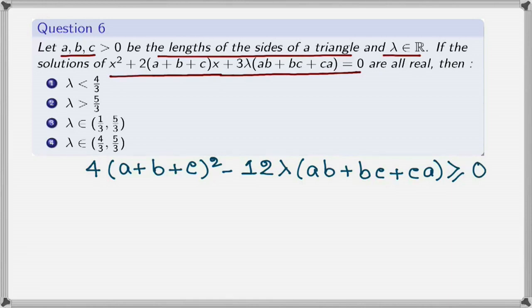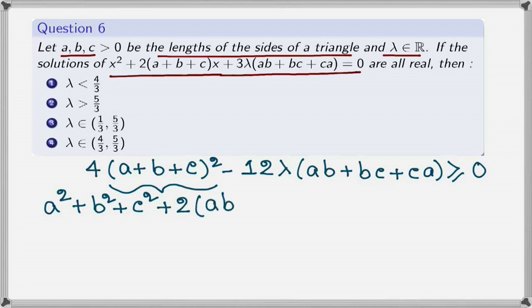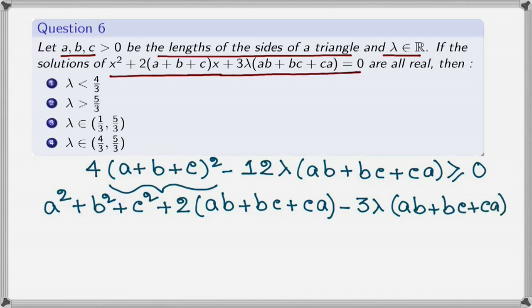Now if we cancel 4 from this inequality and split the term (a plus b plus c) whole square, we obtain a square plus b square plus c square plus 2 into (ab plus bc plus ca) minus 3 lambda into (ab plus bc plus ca) is bigger than or equal to 0.